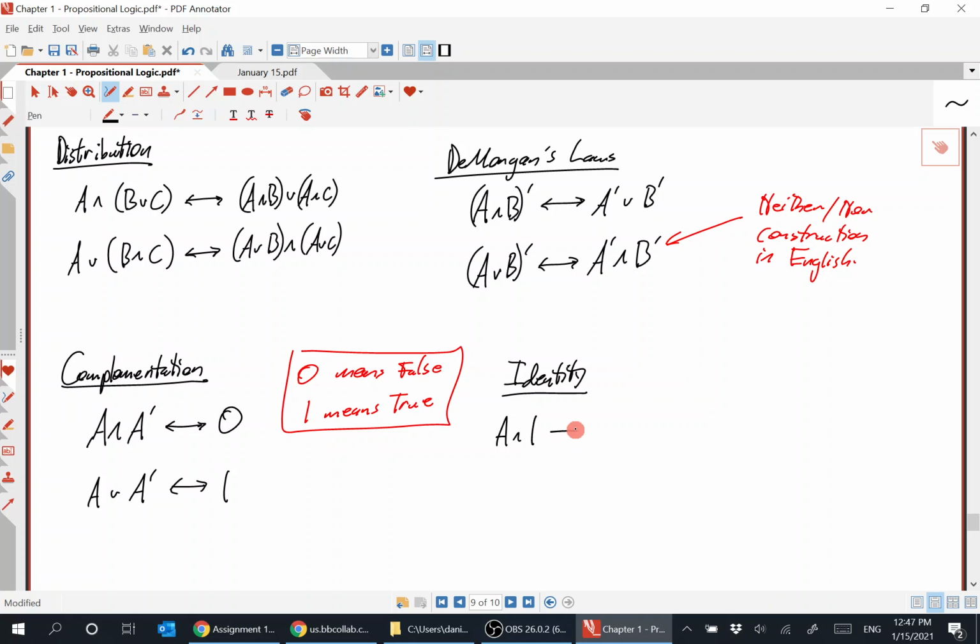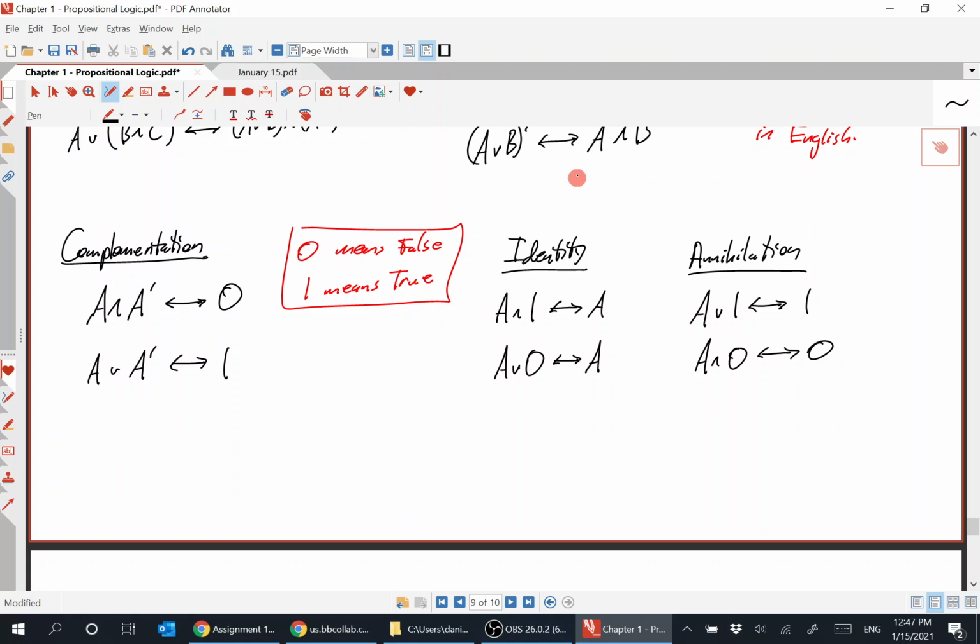Identity. A and something that's true is logically equivalent to A. A or something that's false is logically equivalent to A. And then annihilation: A or 1 is logically equivalent to 1, and A and 0 is logically equivalent to 0.